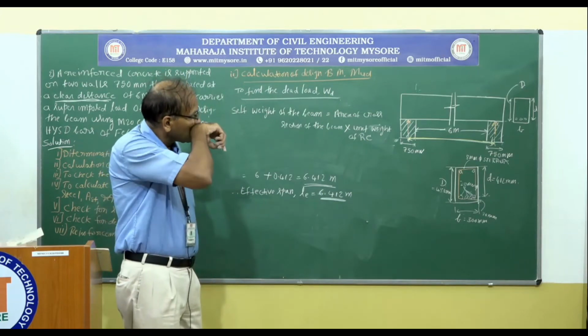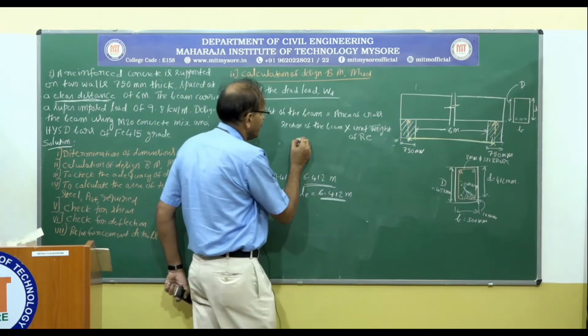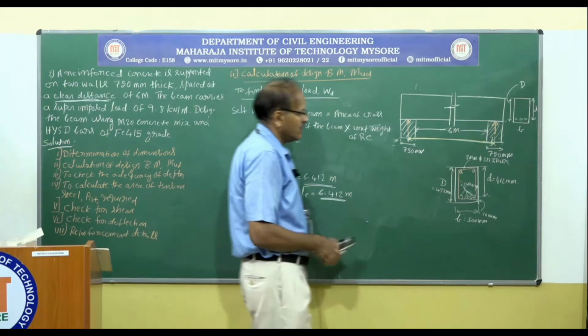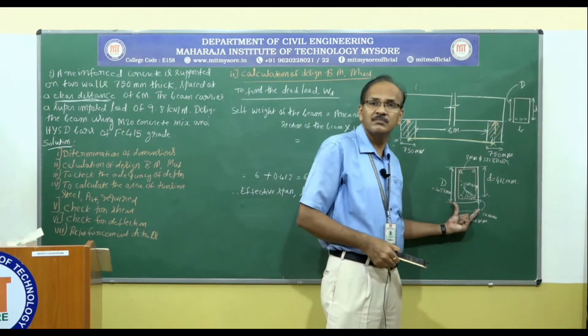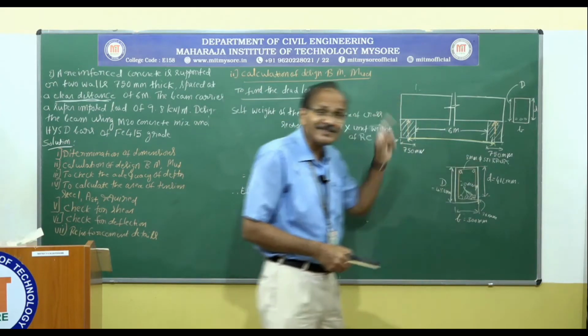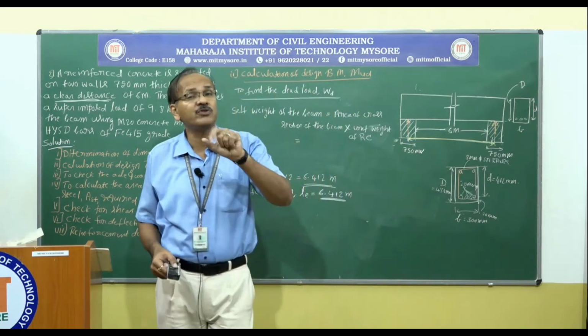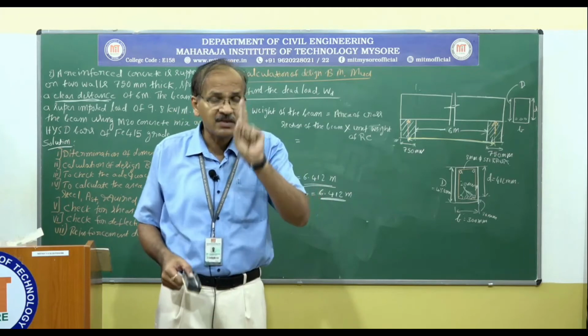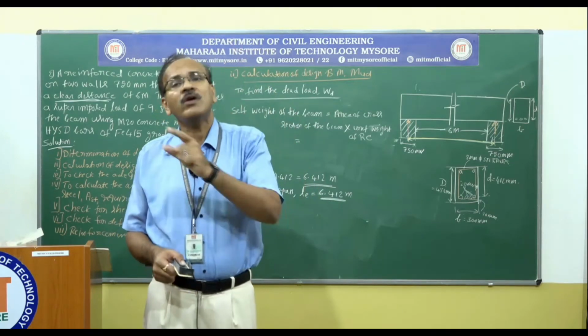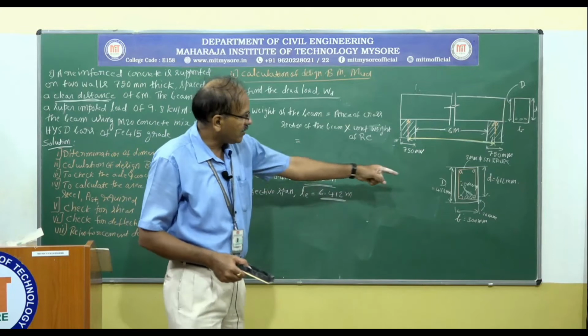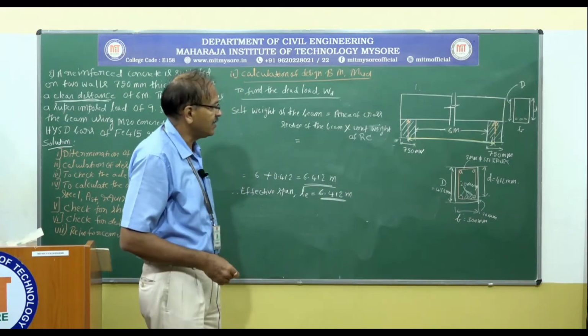Okay. So what is the area of cross section of the beam? This is the width and this is the depth, total depth. See, when you are considering the self weight of the beam, you should not consider the effective depth. Instead, you should consider the overall depth. So the overall depth is 450 millimeter.